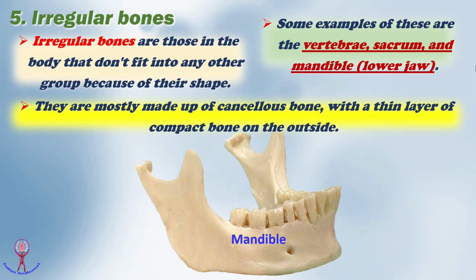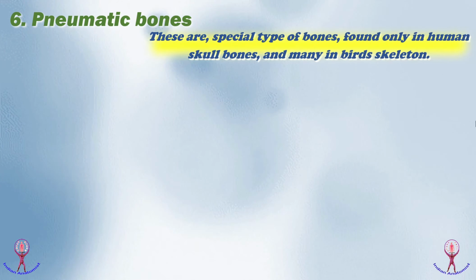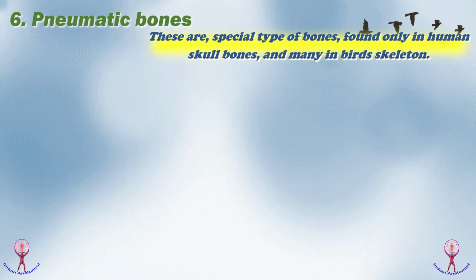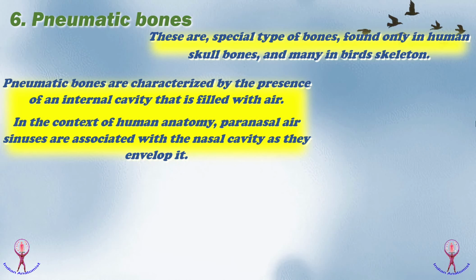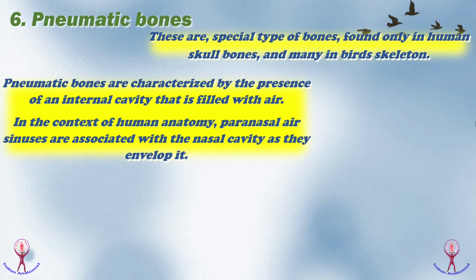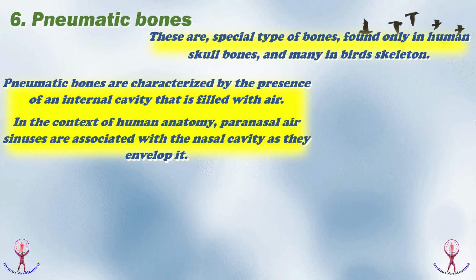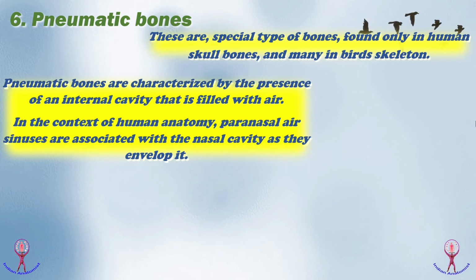What are pneumatic bones? These are a special type of bones, found only in human skull bones, and many in bird skeletons. Pneumatic bones are characterized by the presence of an internal cavity that is filled with air. In the context of human anatomy, these bones form the paranasal air sinuses, which are associated with the nasal cavity as they envelop it.